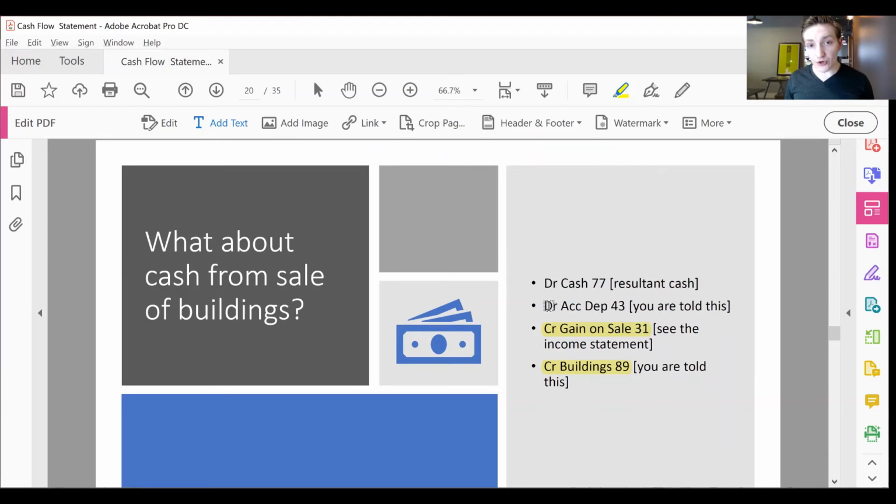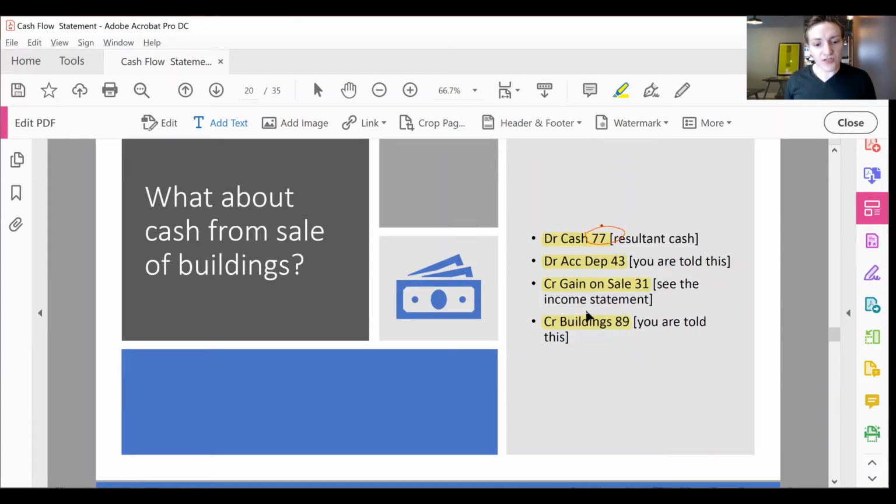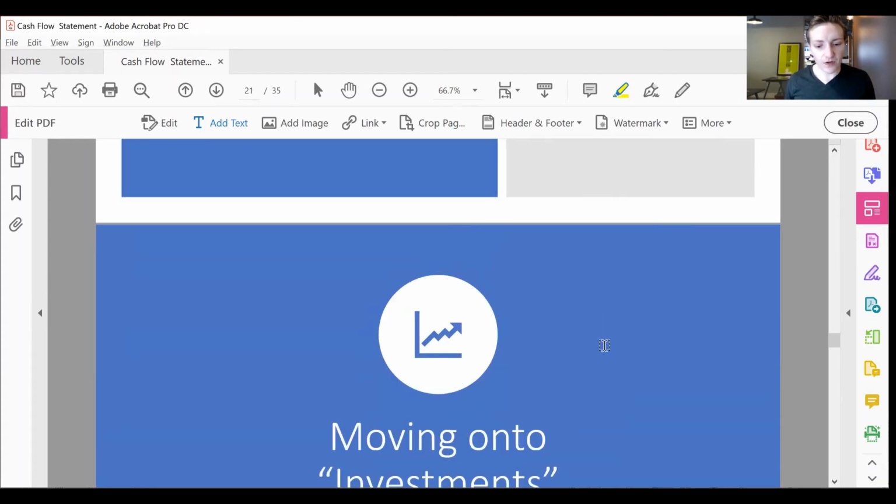We have a debit to our accumulated depreciation of 43. You're told this in the notes. This therefore implies that the cash that you got is what is necessary to make your debits and your credits balance. So here, your cash must have been 77. We're going to keep this in mind for the investments cash flows. So that's what we have from the sale of buildings.